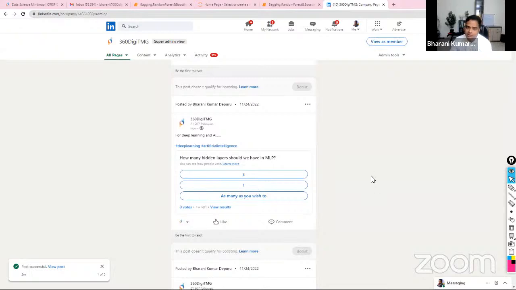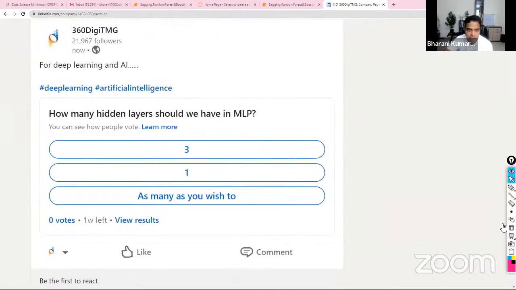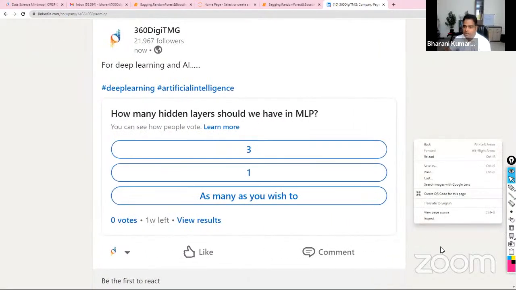How many hidden layers should we have in MLP? What is your answer if I were to say that this is A, this is B, and this is C? Let me also zoom in. Maybe people are connecting on mobile and you're not able to see. So this is the question.